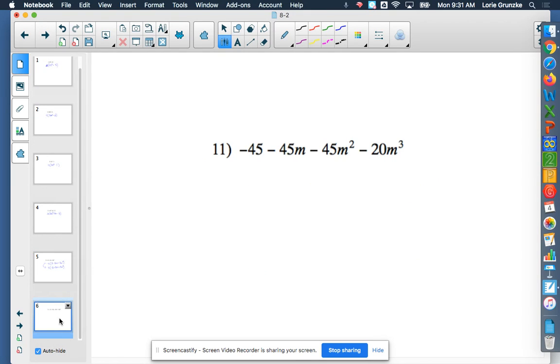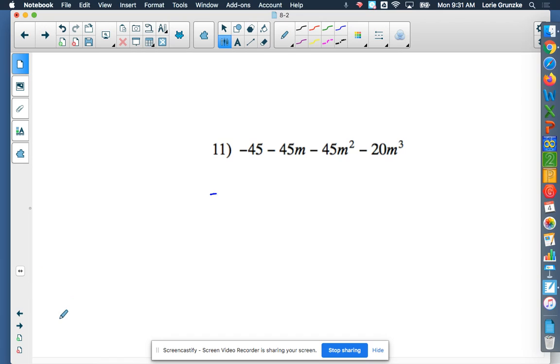Now, this one I'm going to tell you because they're all negative. We'd really prefer you to take a negative number out of everything. Again, if you take a positive number out of it, I will accept it. But we would prefer the negative. So I'm going to take a negative 5.